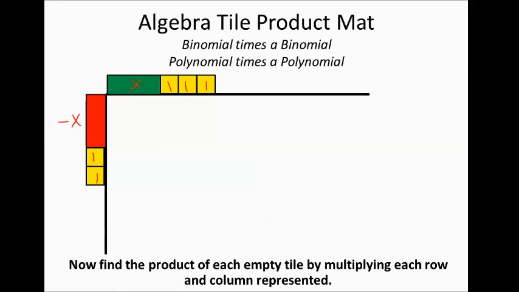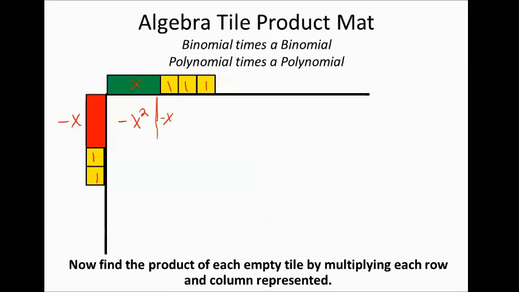So what I want to do is I should multiply each row by each column again. So here I have negative x times x will give me negative x squared, and negative x times 1 will give me a negative x.